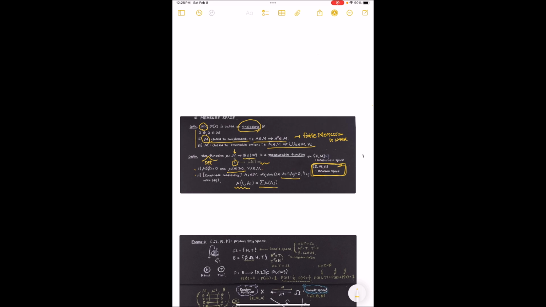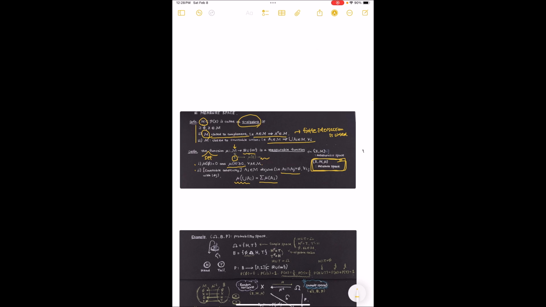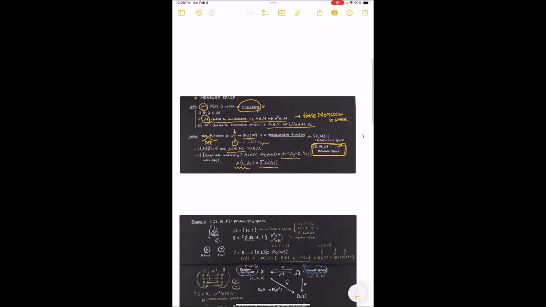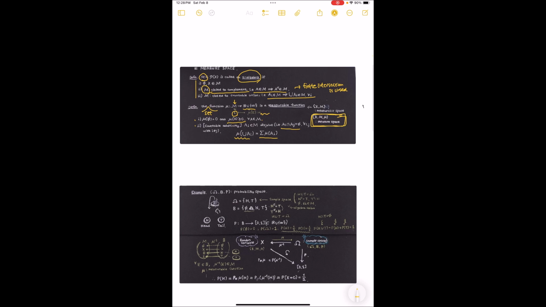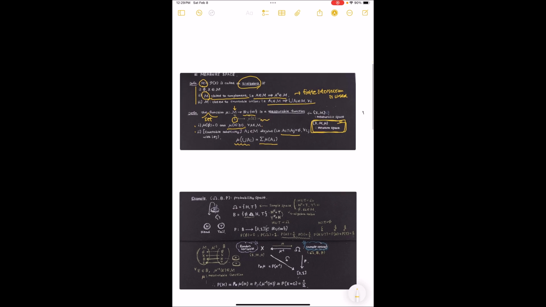That definition is so abstract, but if we apply it to fundamental probability theory, we can understand it. Consider a probability space (Omega, B, P). How can we construct a probability space?